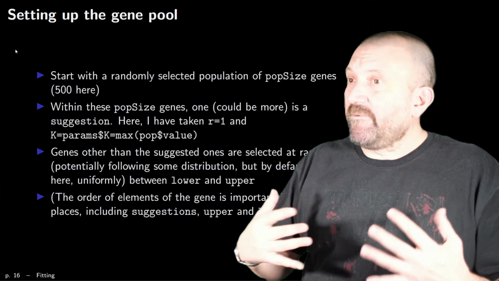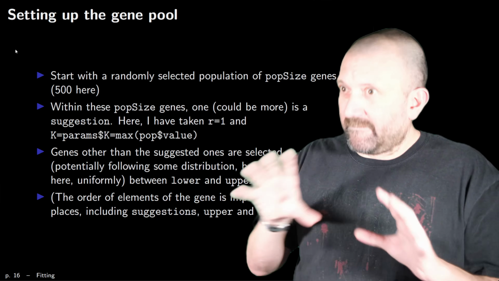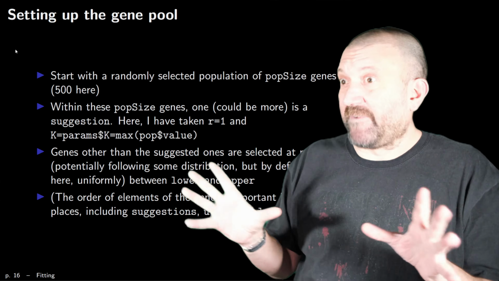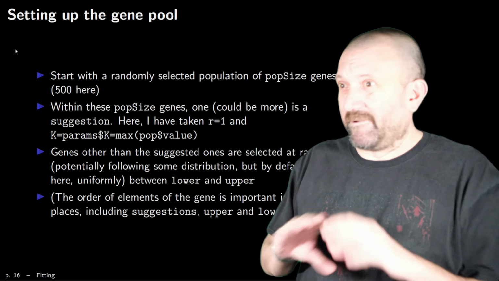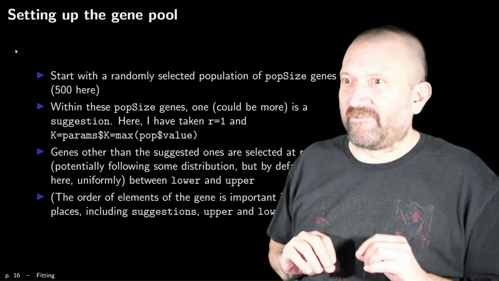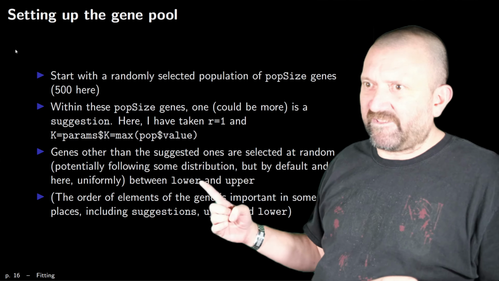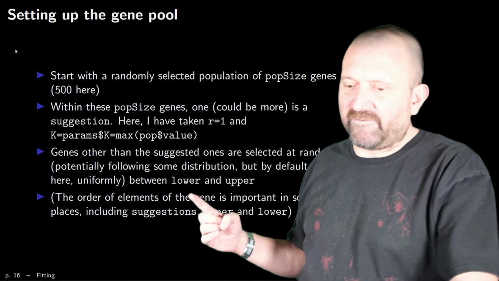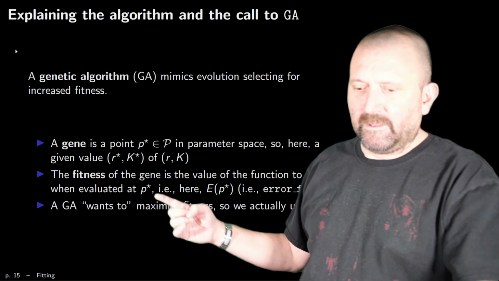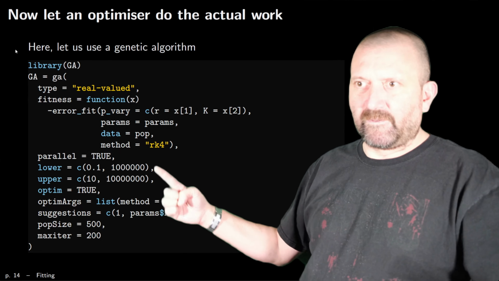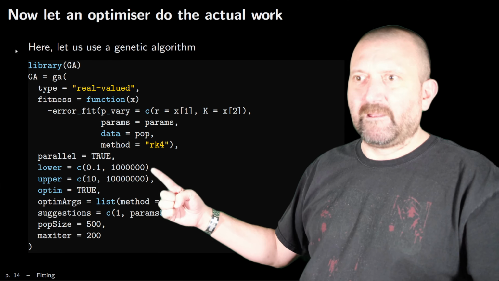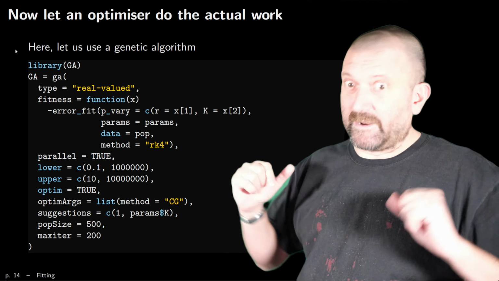And you can specify more if you want; you can specify a vector of suggestions. But other than those suggestions, it takes values at random, typically between these numbers here. Lower is the lowest value that I'm allowing.